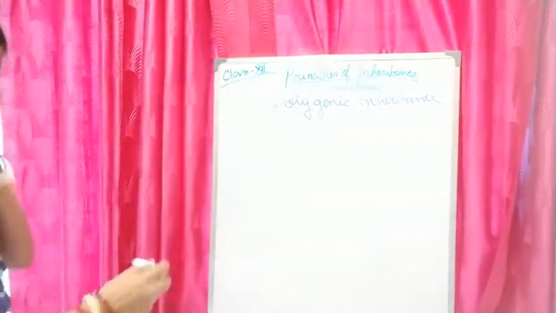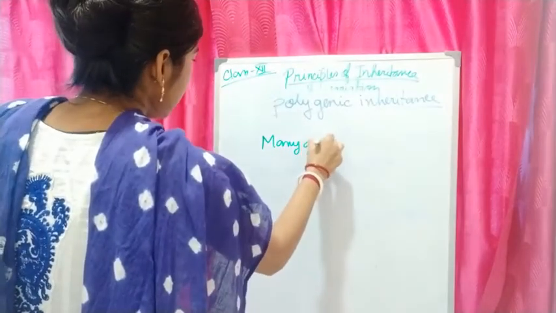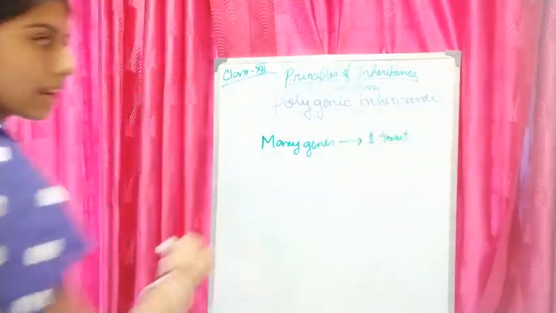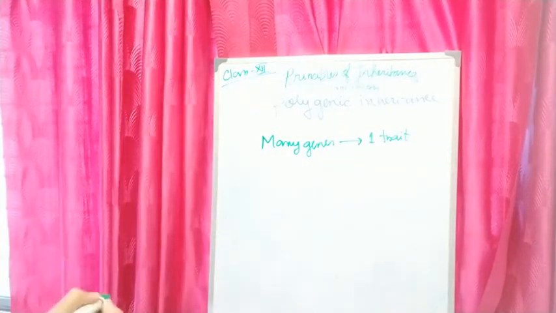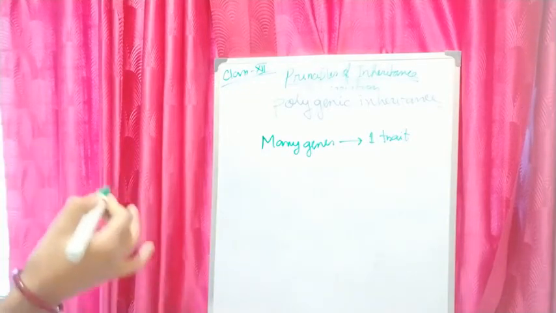So if I write it like that, many genes, one trait, that is considered as polygenic inheritance. So one trait is controlled by two or more genes.